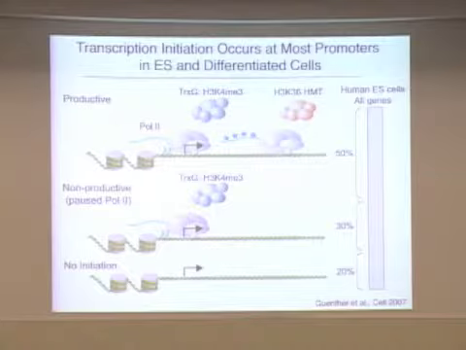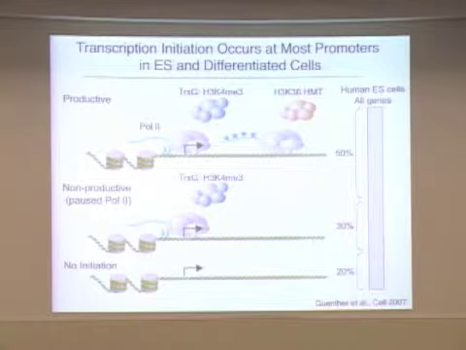That model has been modified somewhat in that we see in vertebrate cells, whether it's human ES cells, differentiated cells, or murine cells, that there's a substantial population of genes that experience transcription initiation but not productive elongation.